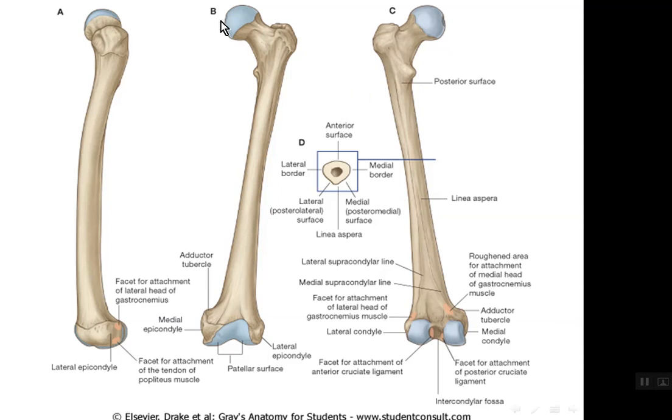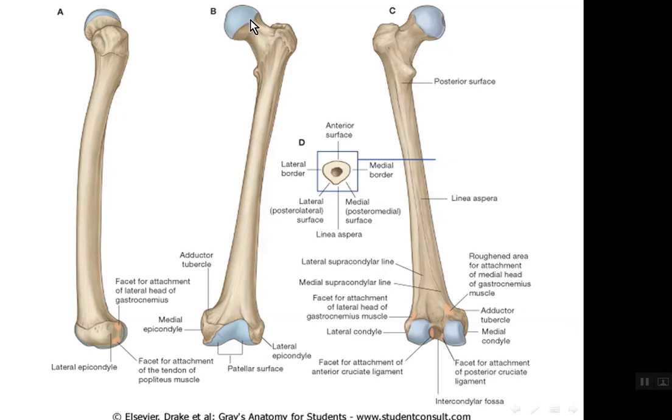After the head, we can see a part which is narrower than the head. I mean the diameter of this part is smaller and lower than the head. It is the neck of the femur.